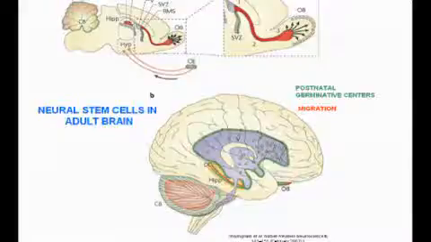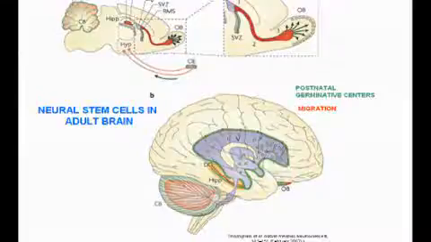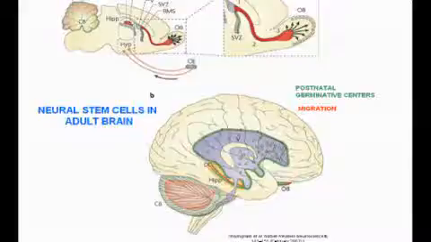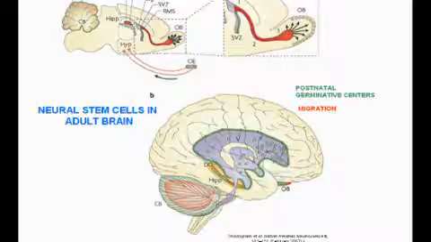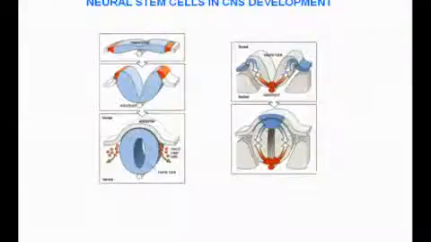Both areas do have neural stem cells capable of proliferating and migrating and giving new neurons that can take over the function that a neuron that was already there degenerated. So that was in adults.